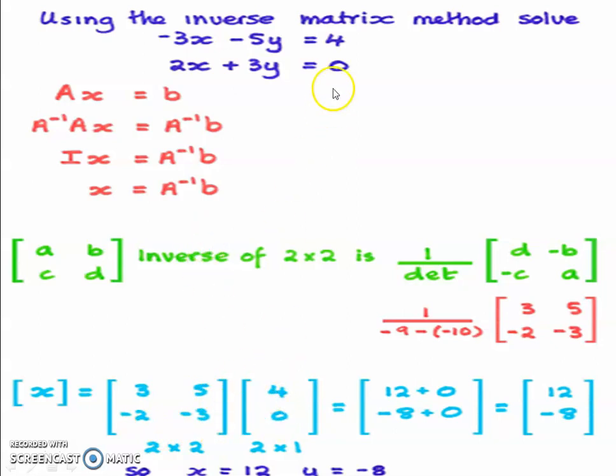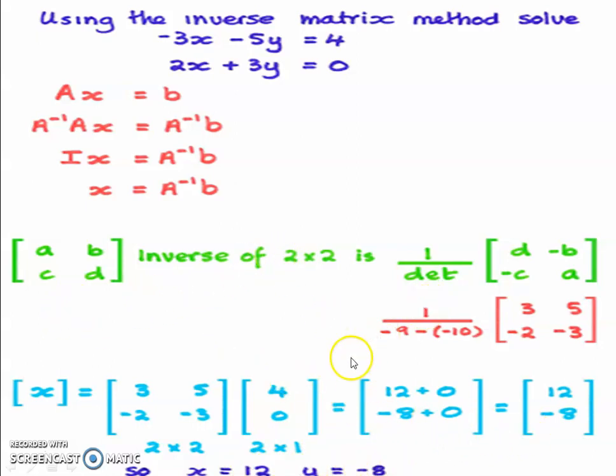Then we have to multiply by 4, 0, the constants. 3 into 4, 12 plus 5 into 0, 0. Now second row, first column. Minus 2 into 4, minus 8 plus minus 3 into 0, 0. So 12 and minus 8 remain. That's why x is equal to 12 and y is equal to minus 8.